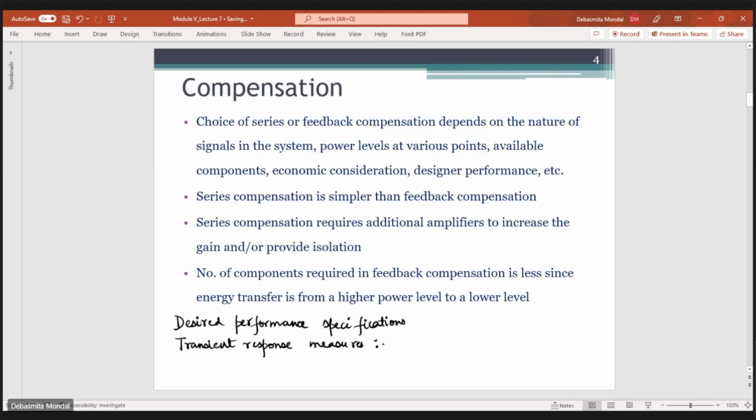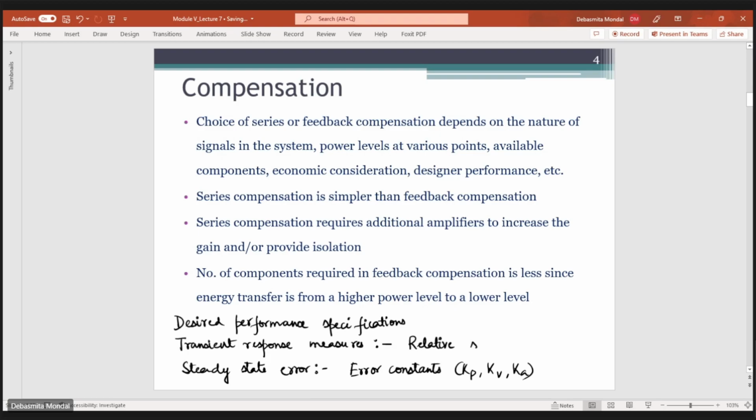And the transient response measures are in terms of the relative stability of the closed loop system or the speed of the response.